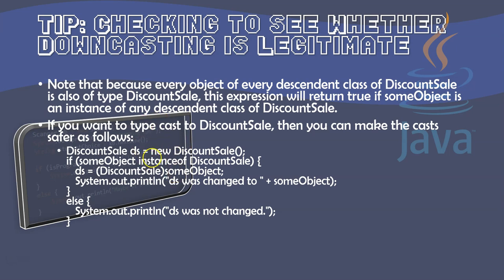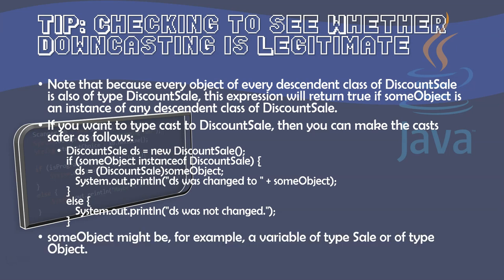You notice we have our typecast right there. System.out.println("ds was changed to someObject"), else System.out.println("ds was not changed"). That's using the instanceof operator to make sure we can use downcasting safely. And of course, someObject might be, for example, a variable of type Sale or of type Object, and that would be an example of when we want to use downcasting within our code.